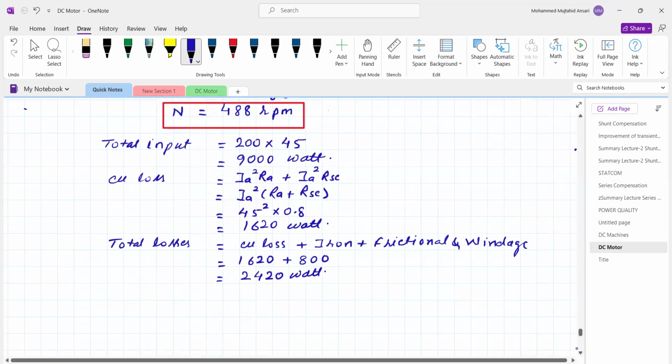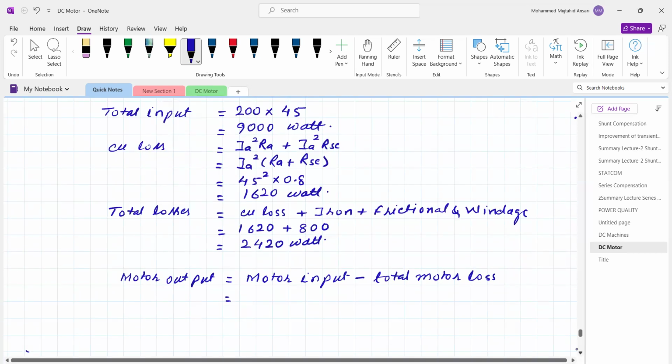Now total input we know, total losses we know. So we can calculate the motor output. Motor output is equal to motor input minus total motor loss. It is a loss of power.